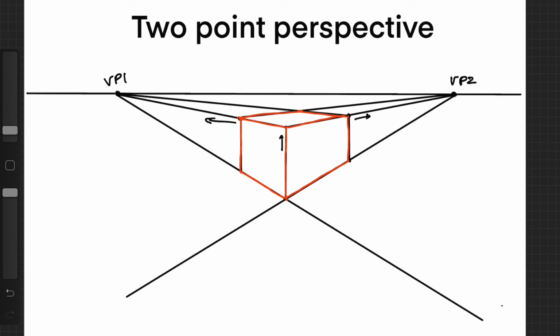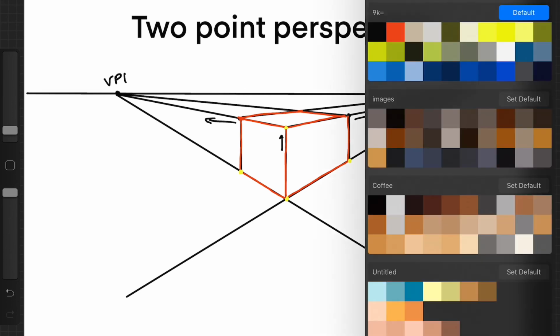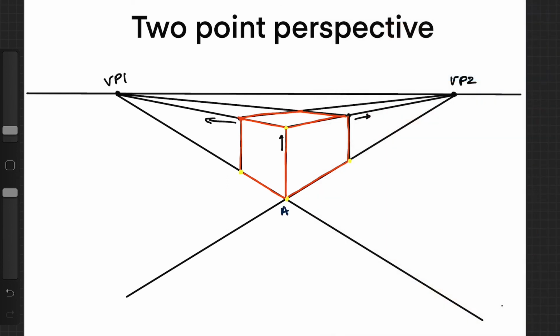Now what I like to do is remember it this way. Whenever you have a corner, whenever you have an intersection point, let me just change the color. I think this should be okay. Whenever you have intersection points established, they will have lines that converge to both vanishing points in 2-point perspective. If you look at this corner A, A meets VP2 as well as VP1.